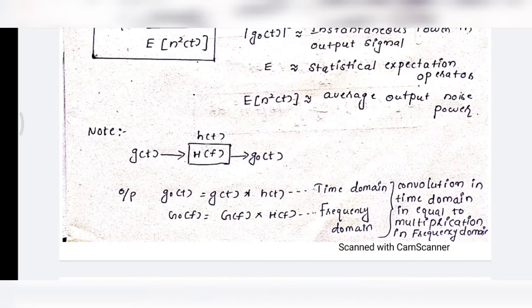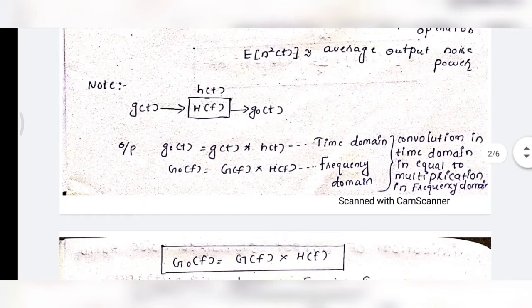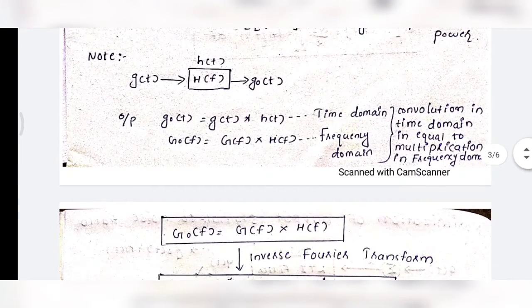Here we use a property of the Fourier transform, that is convolution in time domain is equal to multiplication in frequency domain. So we get capital G naught f is equal to capital G of f into capital H of f in frequency domain.